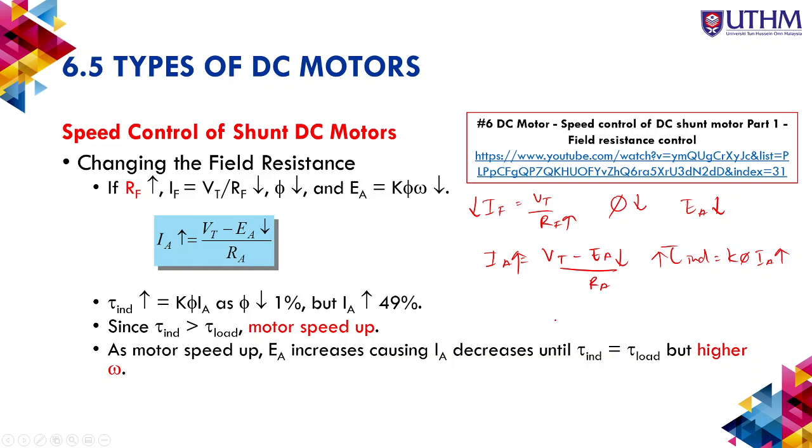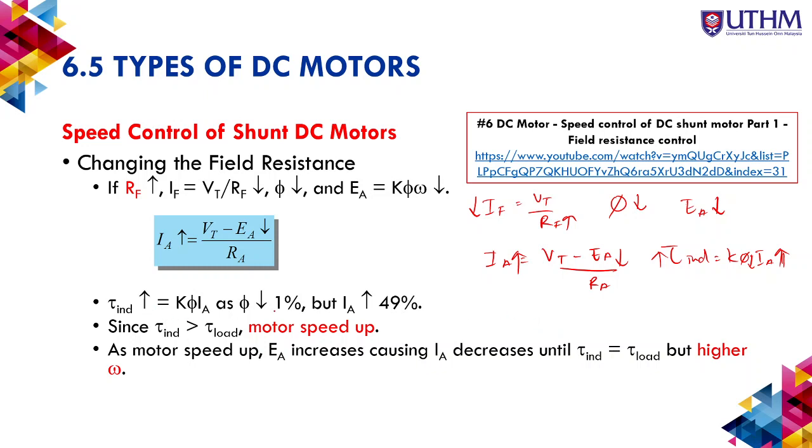Sometimes we can see the increasing. Over here they put the reduce, so even though the flux reduces, IA will be increased higher. It's difficult to show you in just an equation, but if you go to this part of the formula, you can see the example.